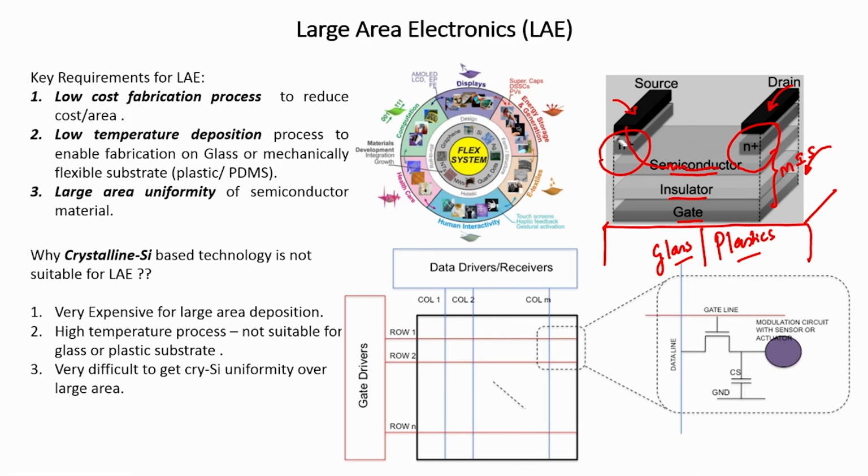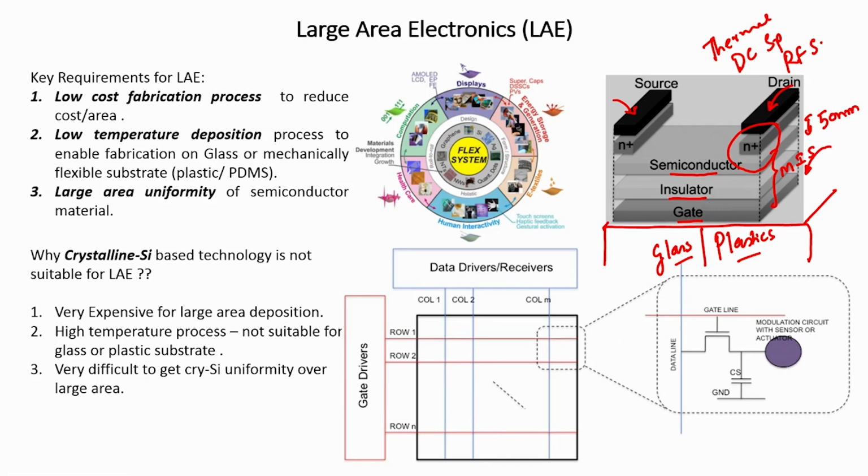So by depositing these various thin films using processes such as thermal evaporation for metals, or DC sputtering or RF sputtering for semiconductors or insulators etc., we develop these thin films, with each layer being about 50 nanometers thin, to develop electronic devices.